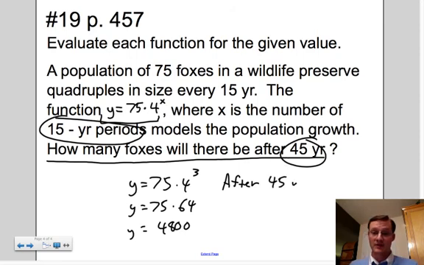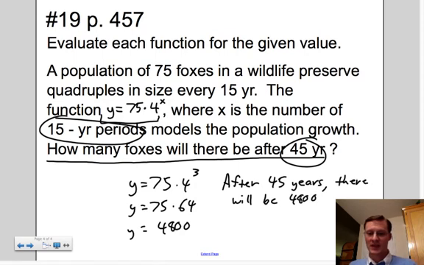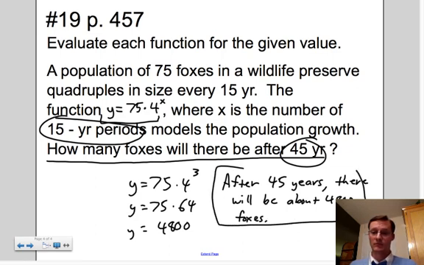After 45 years, there will be about 4,800, and I'm saying about because this is an estimate, 4,800 foxes, and that's it. So after 45 years, there will be about 4,800 foxes.